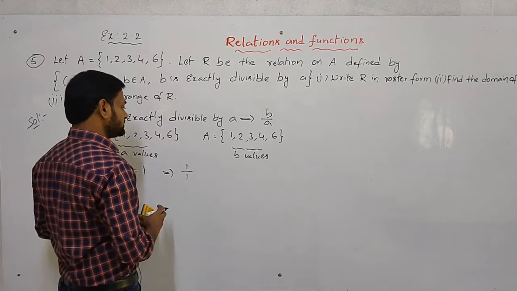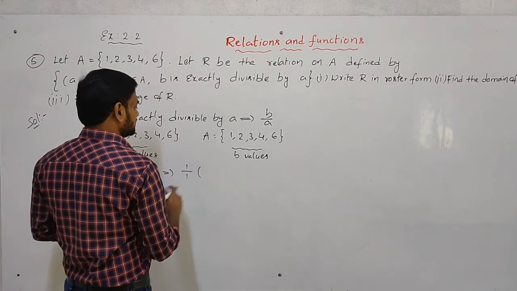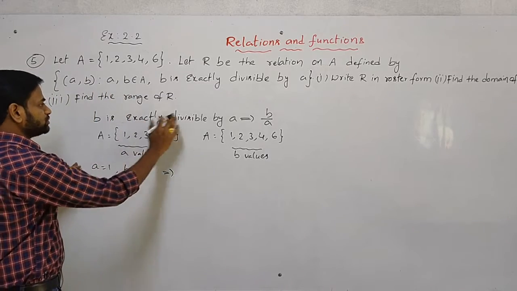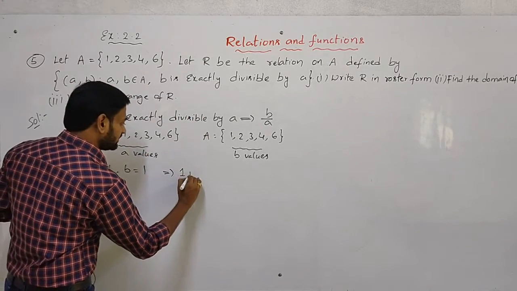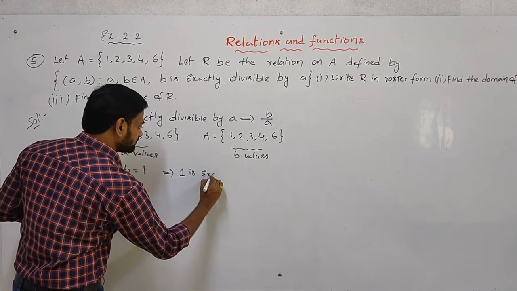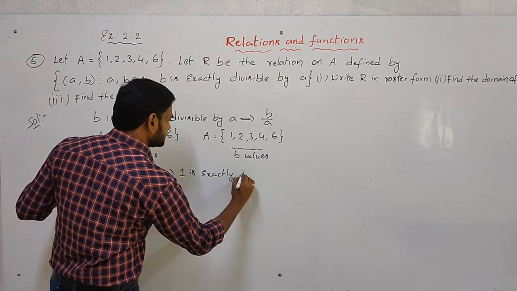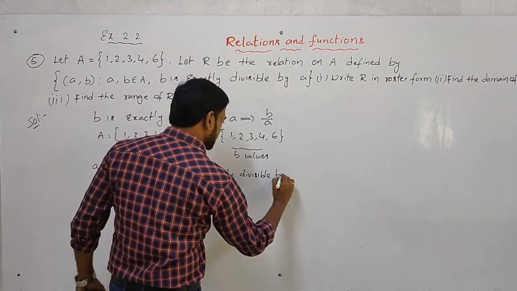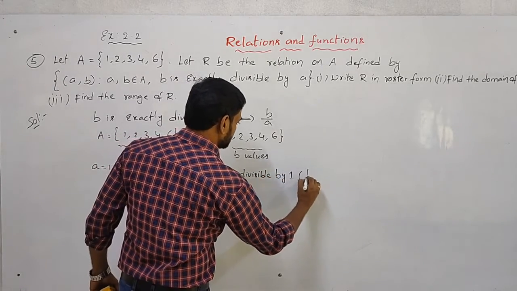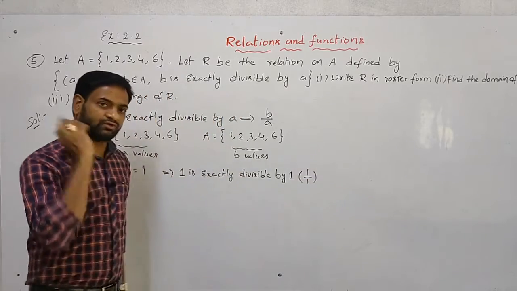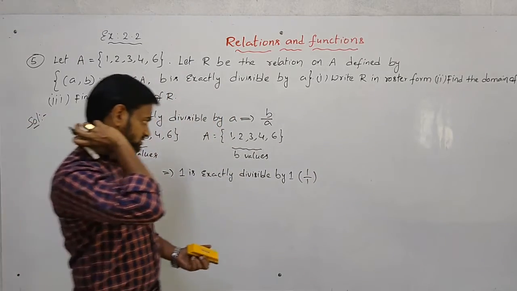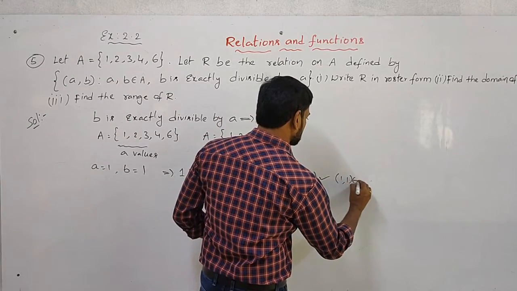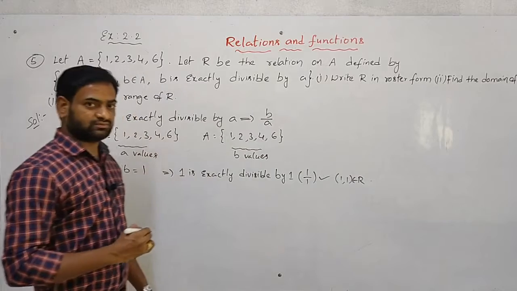So I am writing here, B is exactly divisible by A. That is 1 is exactly divisible by 1. That is 1 by 1. Is it true or false? Yes, it is possible. When it is possible, 1 comma 1 belongs to the relation.